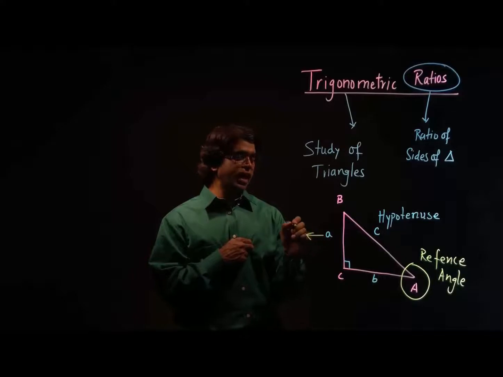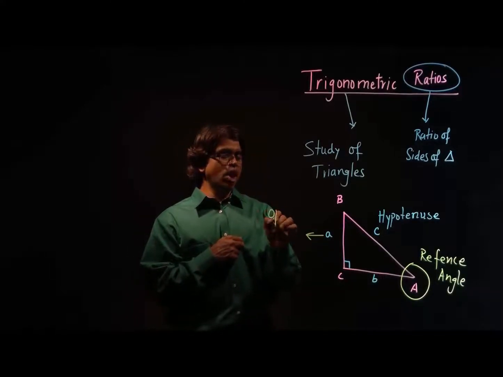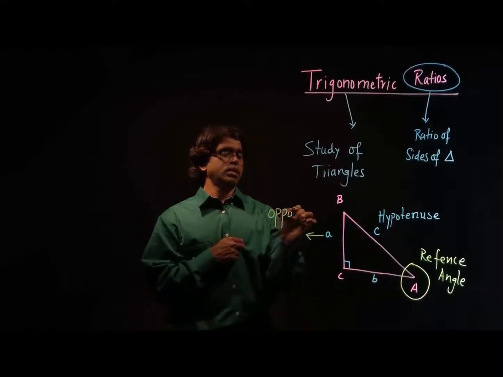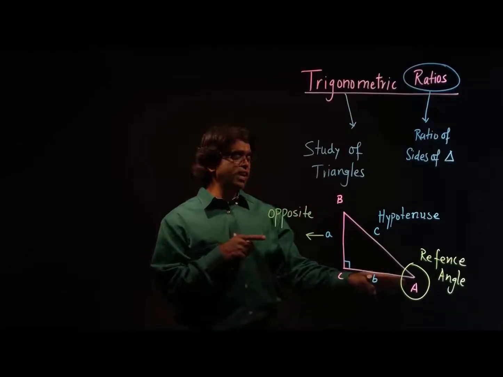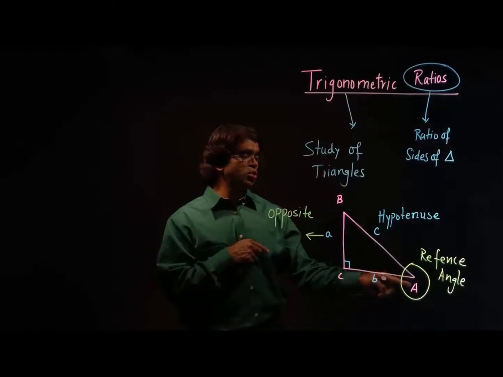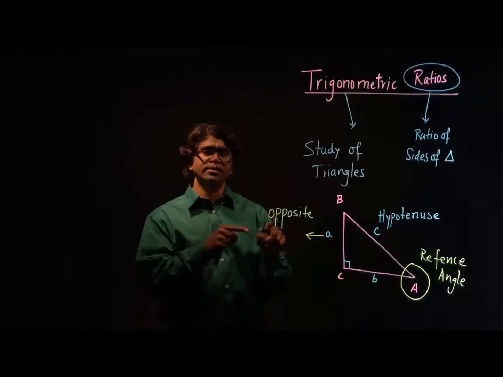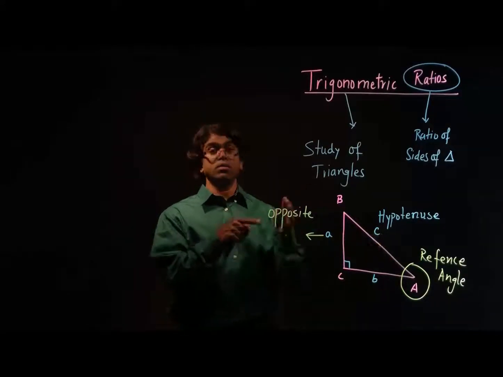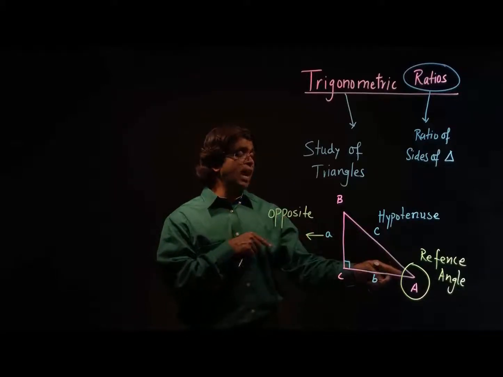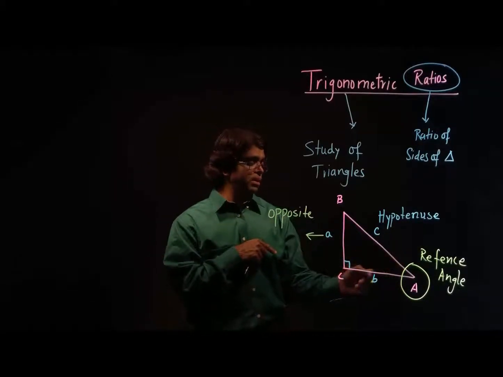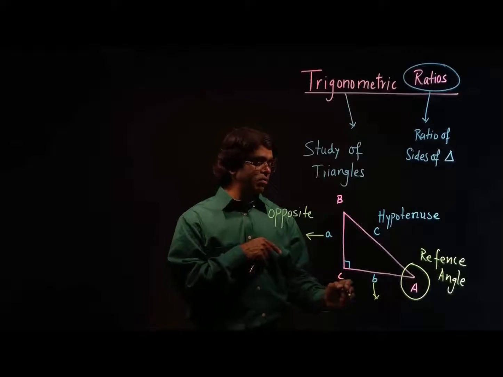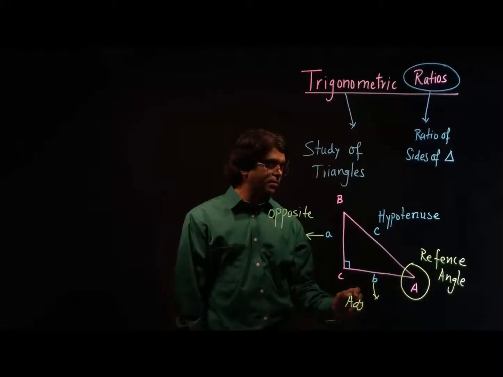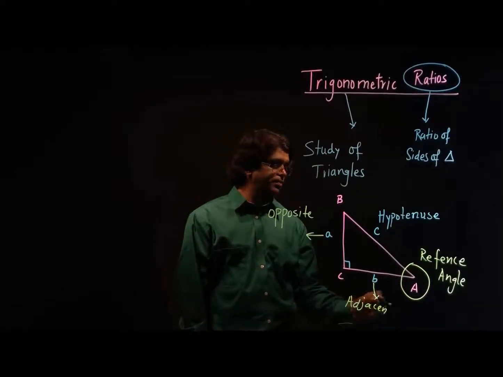The name of this side will be opposite. The side opposite to the reference angle is called opposite. And the side next to the reference angle is this side, and the name of that side is adjacent.